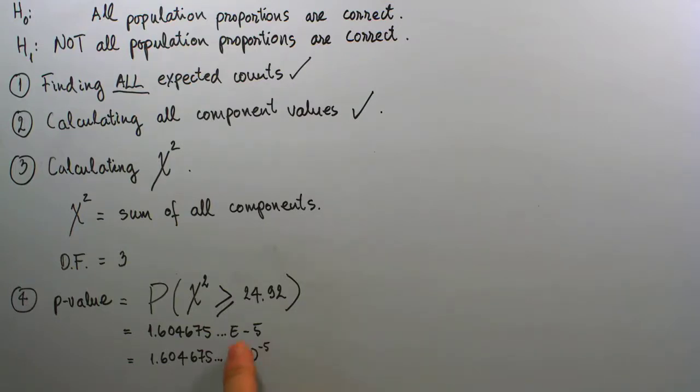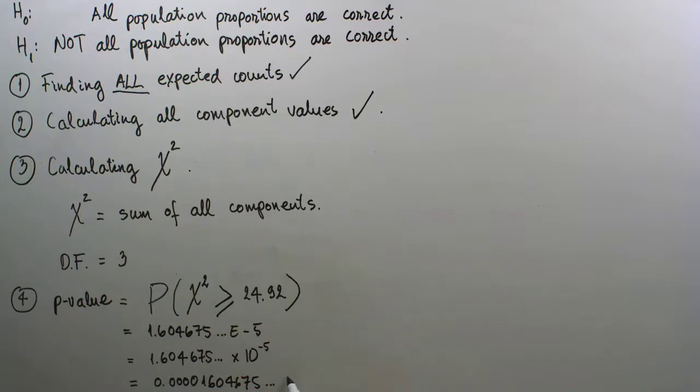The calculator is printing it in scientific notation, base 10 to the negative 5. And so our actual final answer is 0.0000 and then 1604675, and a lot longer.